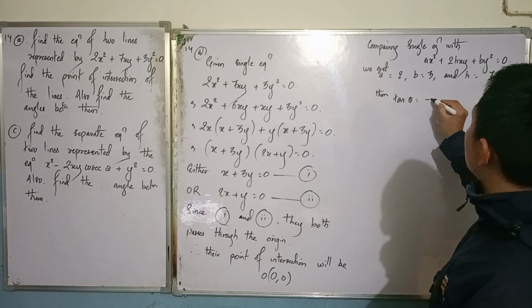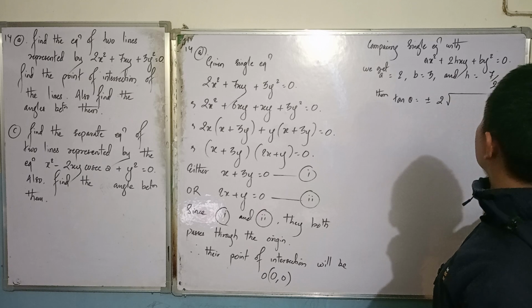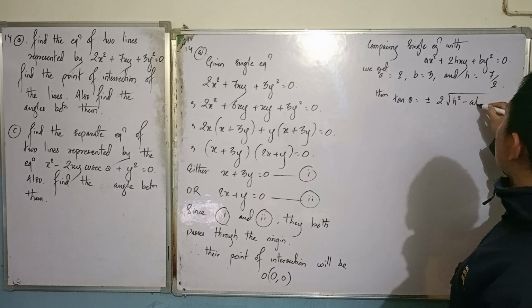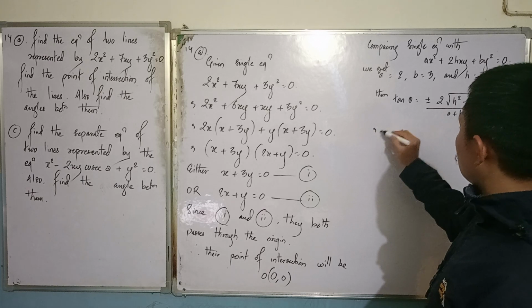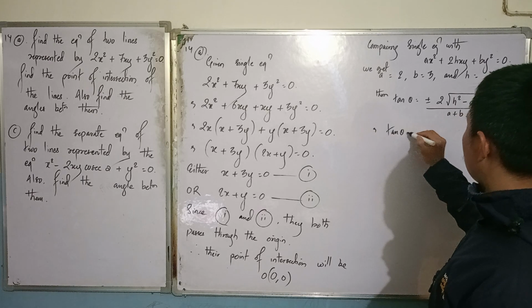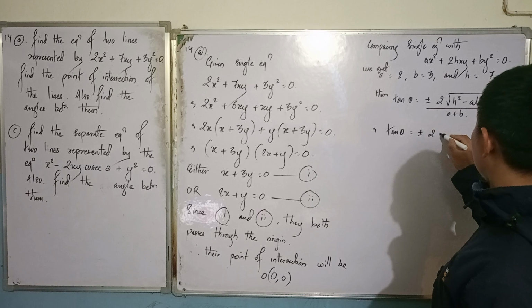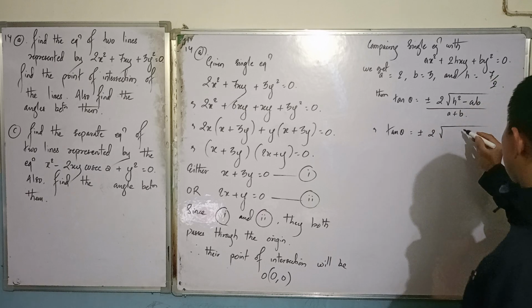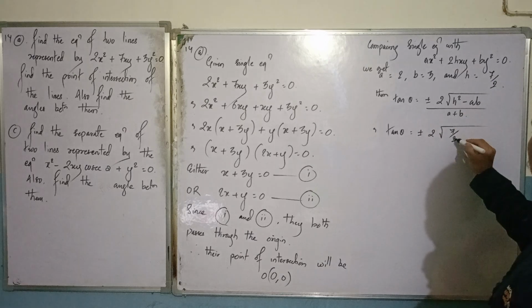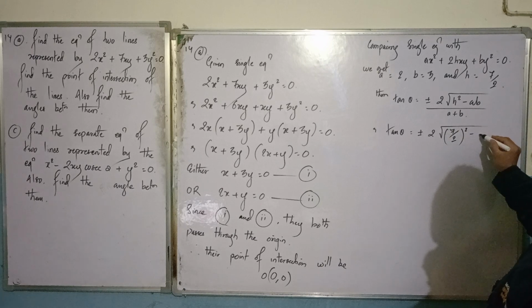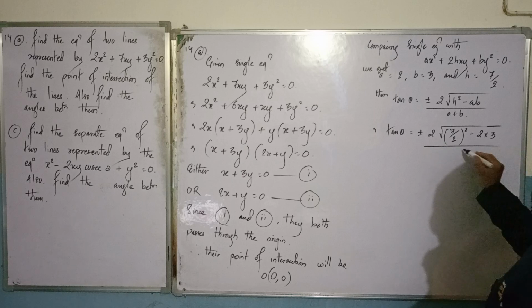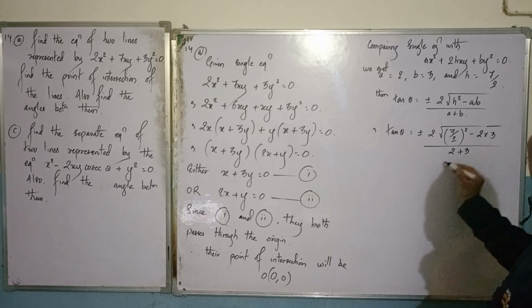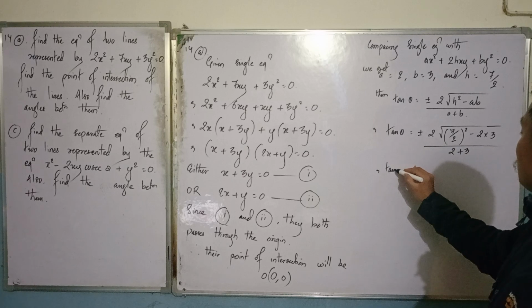Tan theta is equal to plus minus 2 times square root of h squared minus ab, divided by a plus b. So h we have 7 by 2, whole squared, minus a we have 2, b we have 3, divided by 2 plus 3.